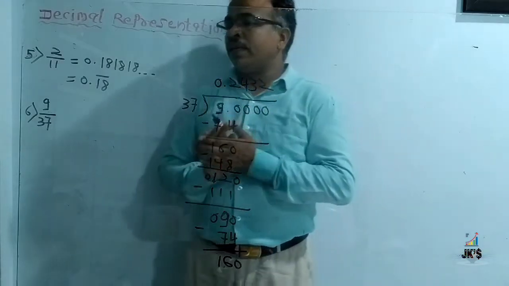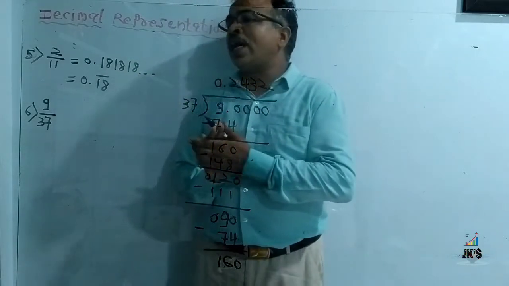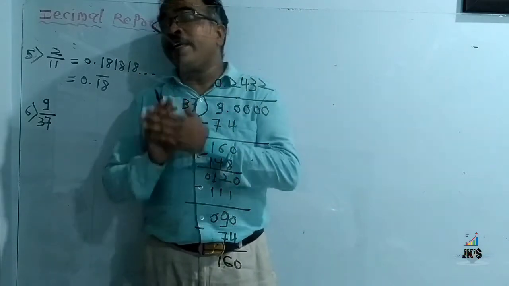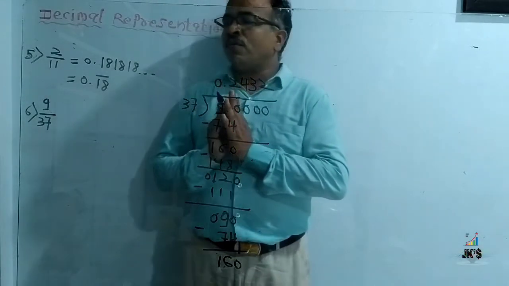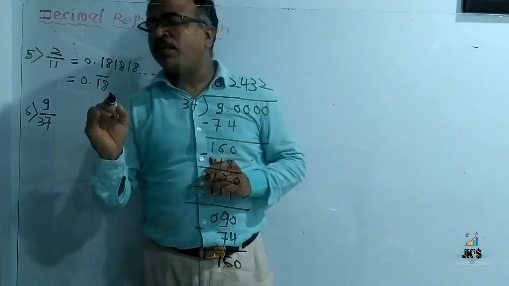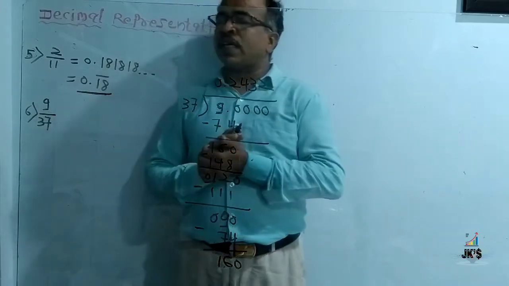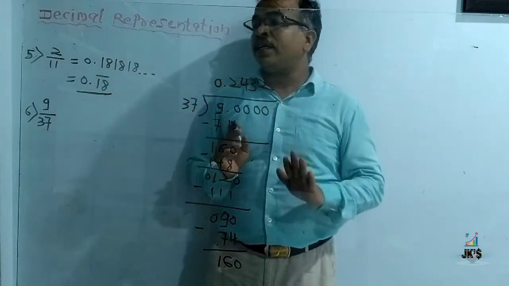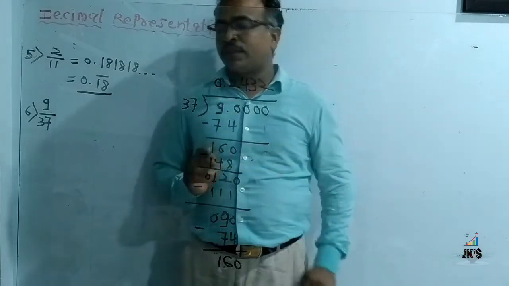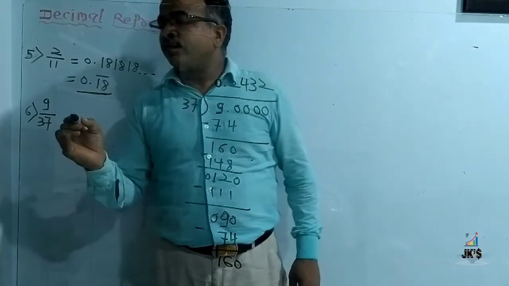Such fractions are known as non-terminating recurring decimal fractions.